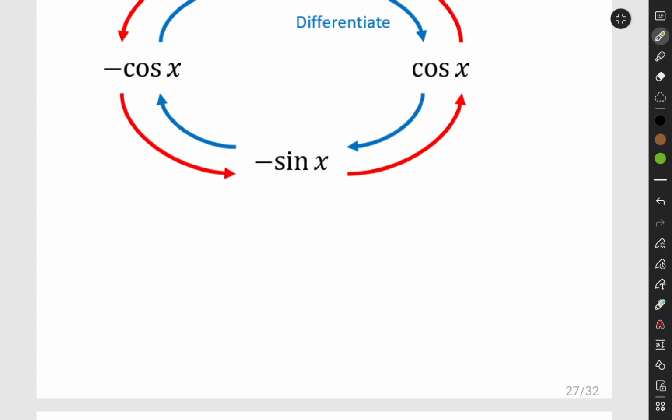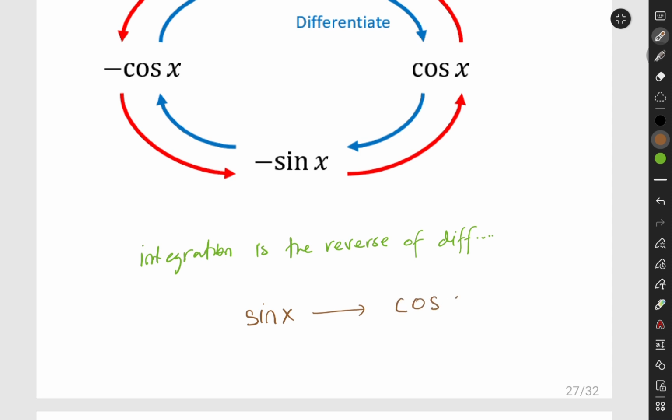Now I'm going to tell you a bit more about integration and differentiation. Remember, integration is the reverse of differentiation. Let's take the first example. If I take sine x and I differentiate it, that's what we saw first, I'm going to get cos x.